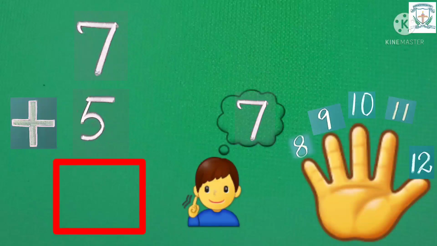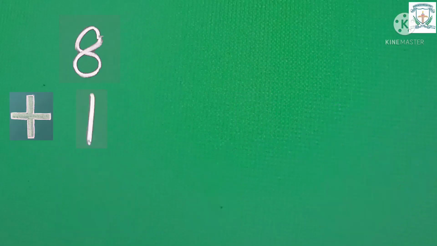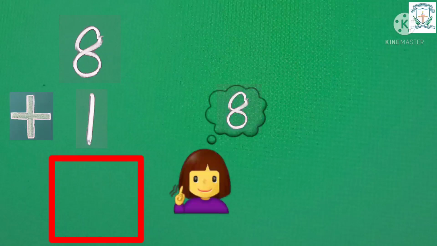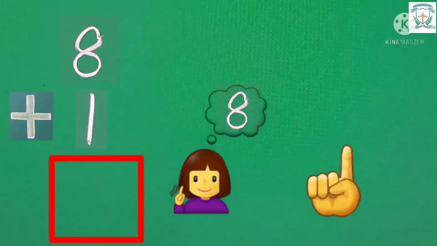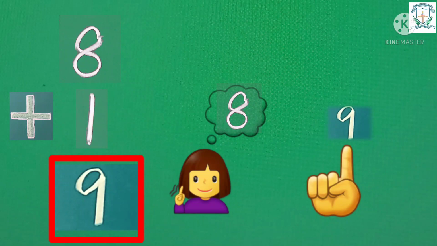We say that 7 plus 5 is equal to 12. Next, we shall add 8 and 1. We keep 8 in the mind and 1 finger up. After 8, we have 9. Therefore, we say that 8 plus 1 is equal to 9.